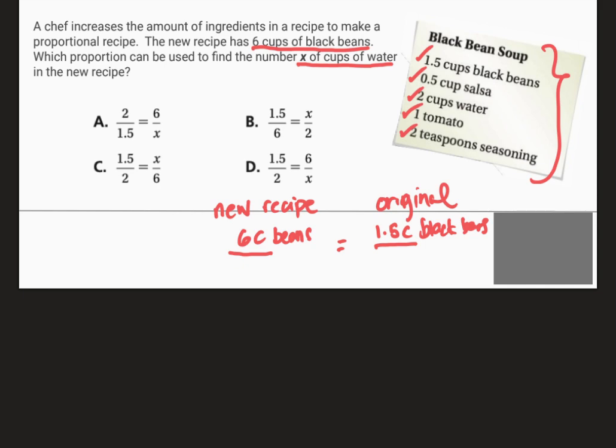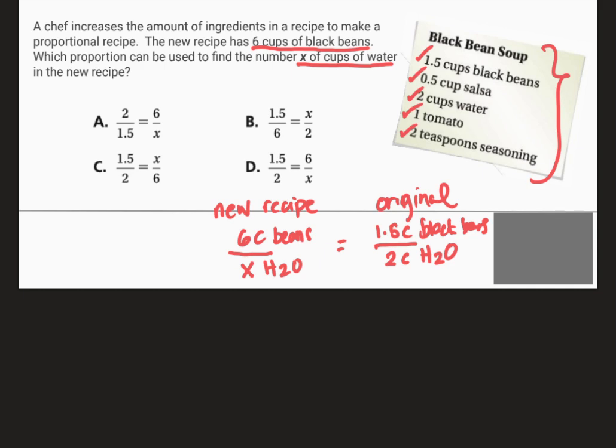In the new recipe, we don't know how many cups of water we're going to use, so we write that as 6 over X, which is cups of water, H2O, okay? And from the original recipe, they were using 2 cups of water. And this is going to be our proportion.